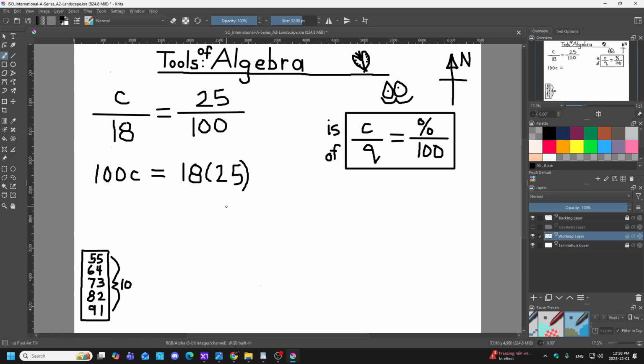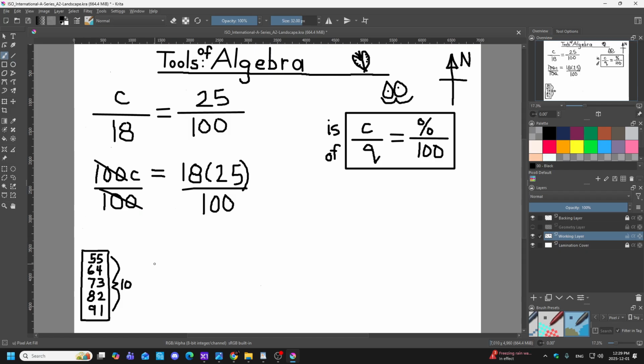Canceling the 100 on the left-hand side. Again, we're really just moving it over here as a denominator. I really could skip this step here, but that's okay. All right, cancel that.